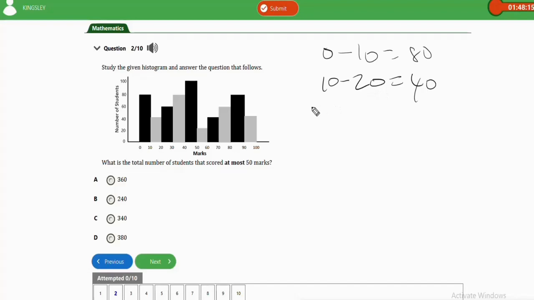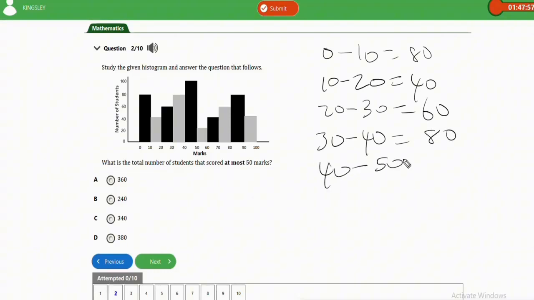We have 20 to 30, we have it to be 60 students. Then we have 30 to 40, we have it to be 80 students. And lastly, we have 40 to 50, we have it to be 100 students.